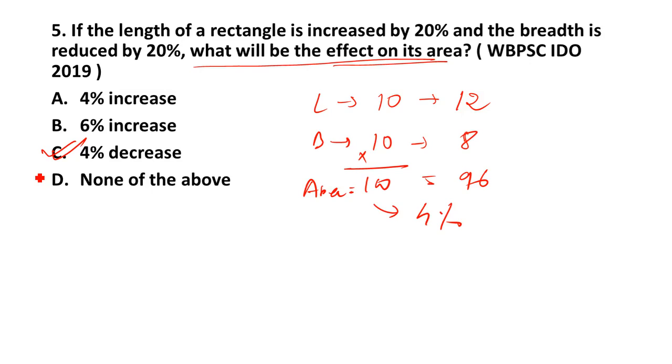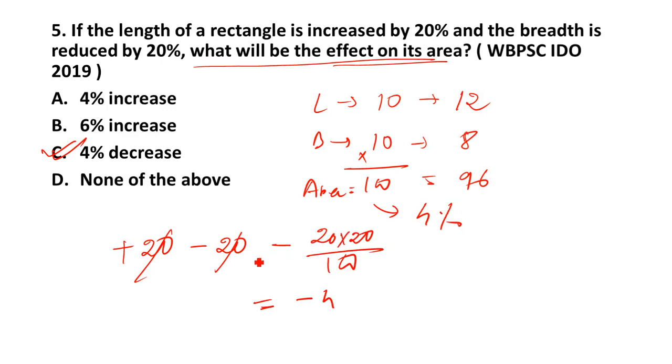Clear? So the decrease will be 4%. Another way you can do it: plus 20, the length is increased, minus 20, the breadth is decreased, and plus minus 20 into 20 divided by 100. That means minus 4. The formula is x plus y plus xy by 100.